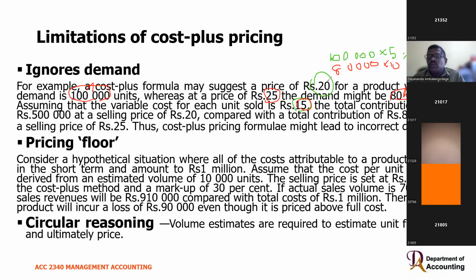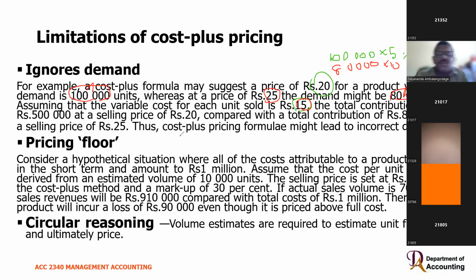If actual sales volume is 7,000 units, sales revenue will be 910,000 compared with the total cost of 1 million. Therefore, the product will incur a loss of 90,000 even though its price is above full cost.